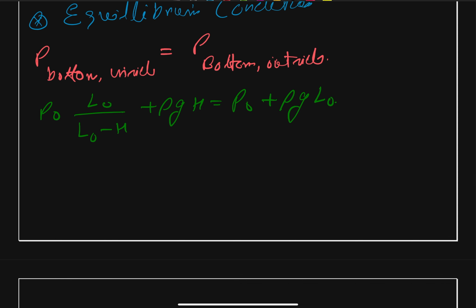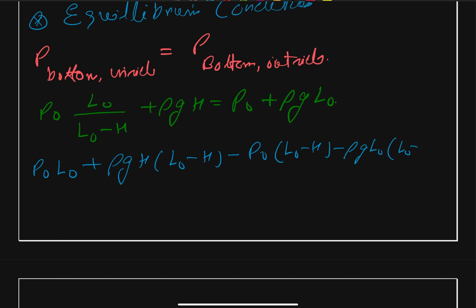We get P naught L naught plus rho G H (L naught minus H) minus P naught (L naught minus H) minus rho G L naught (L naught minus H) is equal to 0.